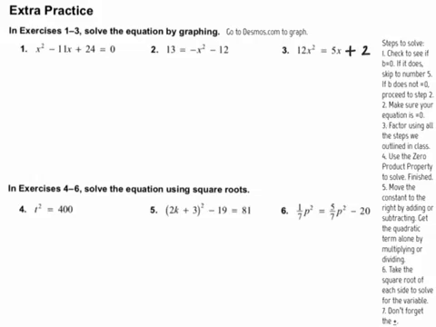So the first three that we're going to be doing, we're going to go to desmos.com to graph. So if you'll pull that up on your calculator, Desmos, right there it is typed out.